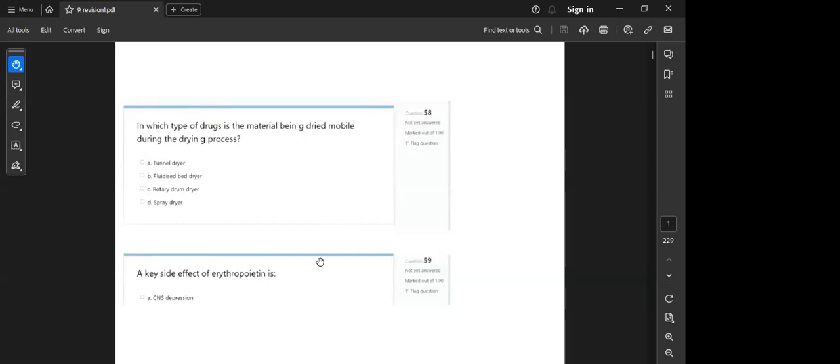Oh, this other paper. Okay. In which type of dryer is the material being dried mobile during the drying process? Tunnel dryer, freeze dryer, fluidized bed dryer, rotary drum, spray dryer. So in which is the material mobile during the drying process?